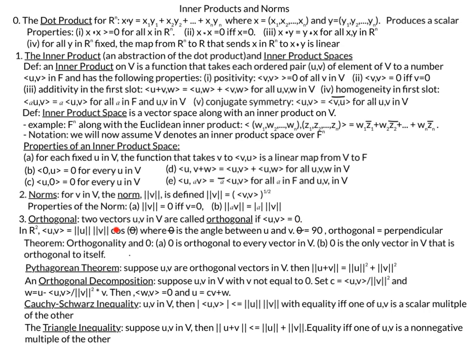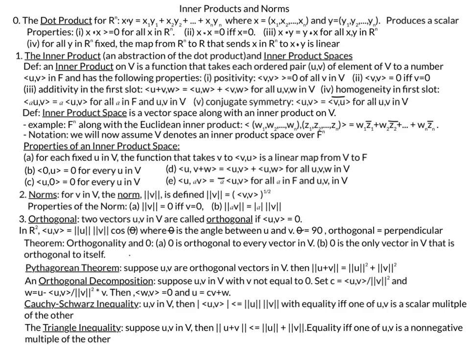Well, that happens when cosine of theta is equal to 0, because we're considering u and v to be non-zero vectors. So where is cosine of theta equal to 0? That's when theta is equal to 90. And that's where we have this idea that orthogonal vectors are perpendicular vectors, that they are at a 90-degree angle.